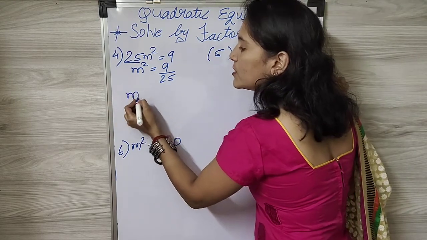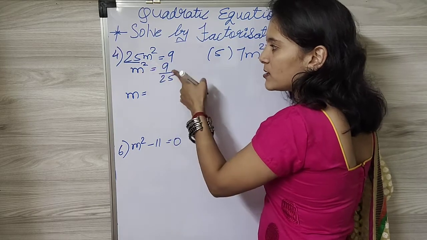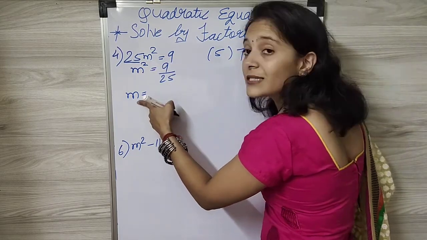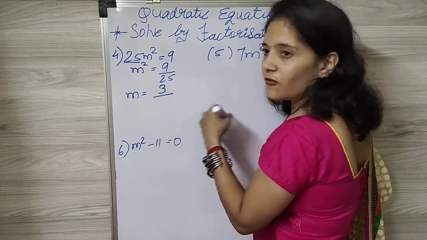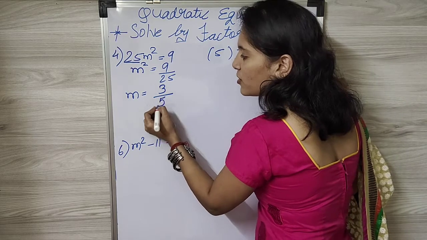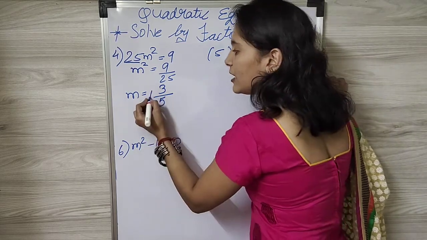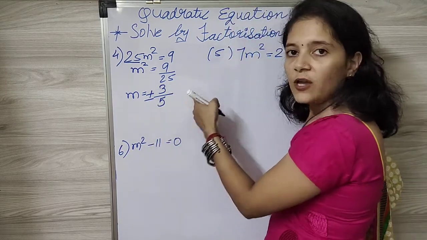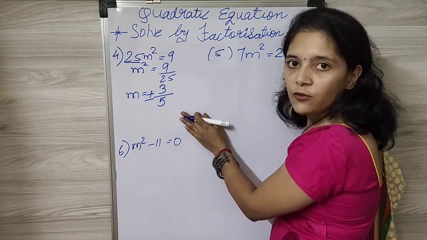Since m was squared, I have written 9 by 25 and taken the square root. 9 is the square of 3 and 25 is the square of 5. So m is equal to plus minus 3 by 5. That is, m can be plus 3 by 5 or m can be minus 3 by 5. I think you understood this question.